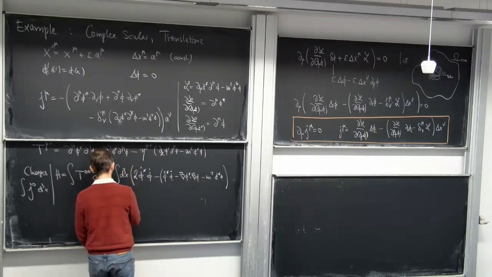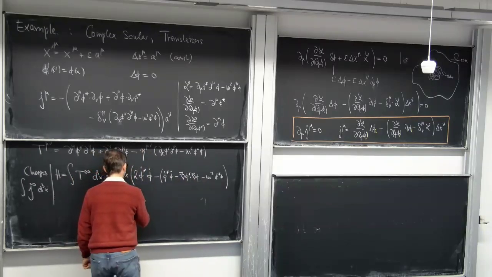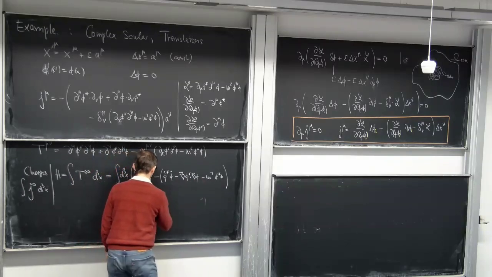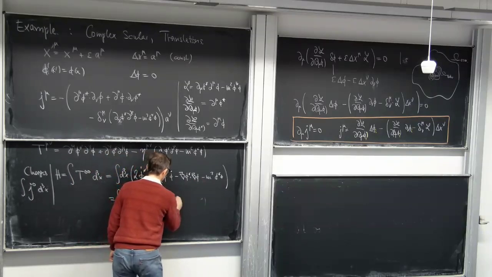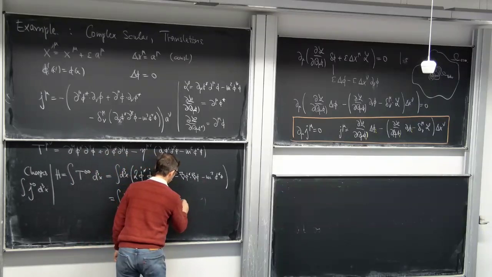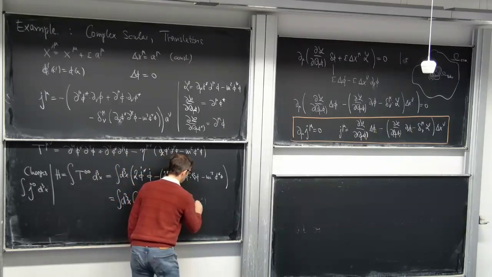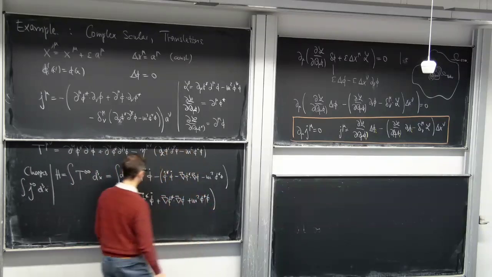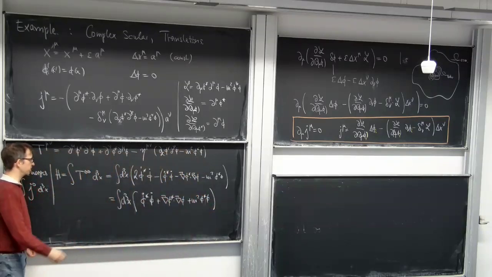And now these parentheses, this minus sign makes everything positive in here, and 2 minus 1 is 1, so I end up with integral dx phi dot star phi dot plus gradient phi star times gradient phi plus m squared phi star phi. This is my expression for the energy of the field.